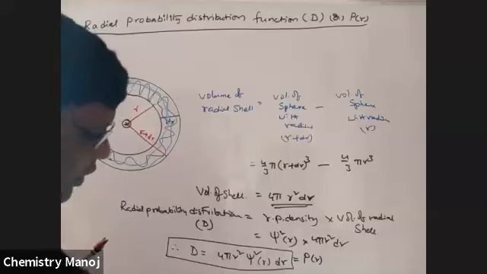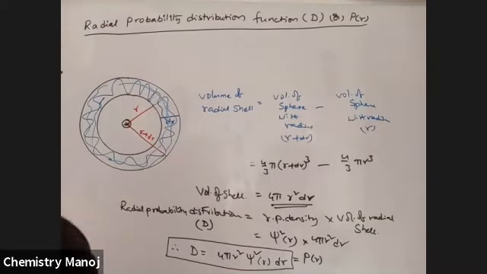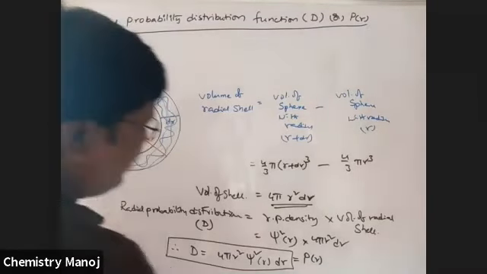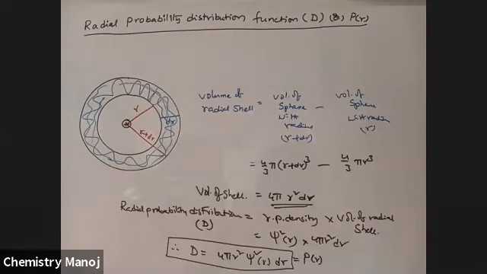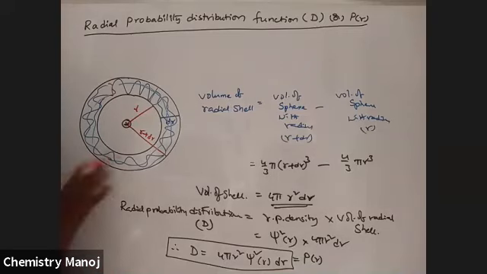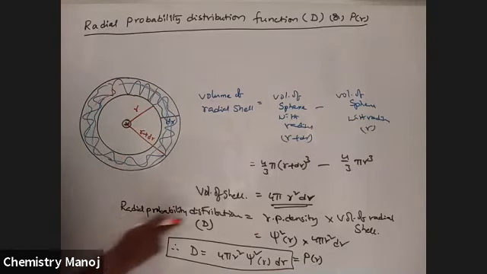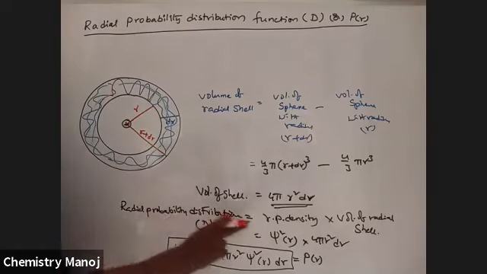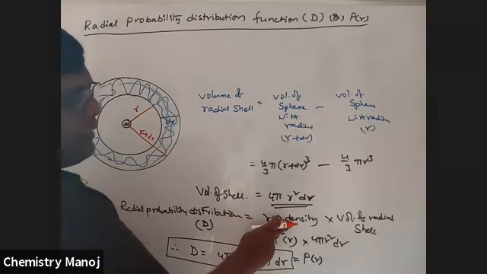Now I am going to find out the value for this and how to draw radial probability curves. See here, my dear boys, I am going to find the chi square value for this particular region. The radial probability distribution is identified with the formula radial probability density into volume.